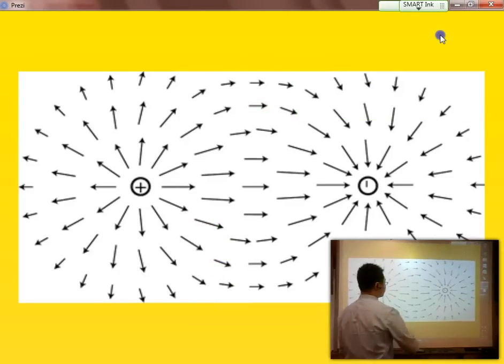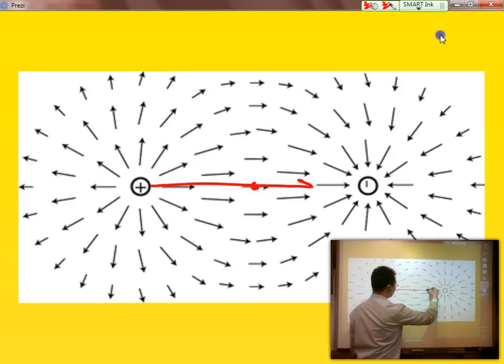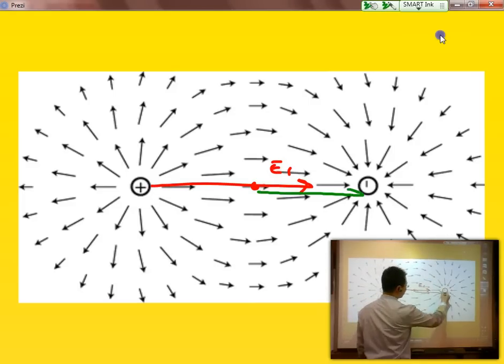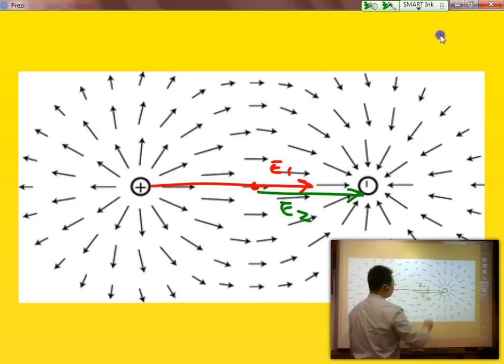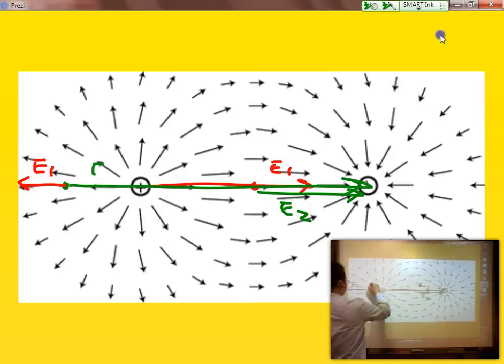If it happens to be somewhere over here, that's easy because it goes out of positive, there's E1, and it goes into negative, there's E2. You simply add up E1 plus E2. Okay? Even if I pick the point over here, it goes out of positive, there's E1, it goes into that negative charge over there, there's E2.